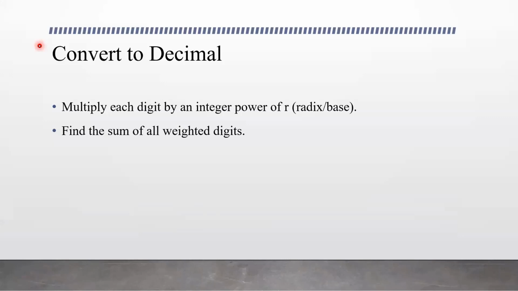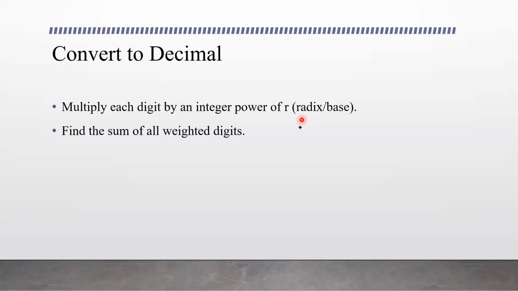So, converting among the bases. First is converting to decimal, from any other form to decimal. The procedure to convert from any form like binary, octal or hexadecimal back to decimal, the user-understandable form, is to multiply each digit by an integer power of r. r is the radix.